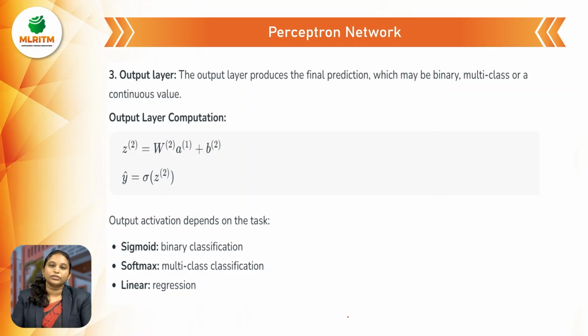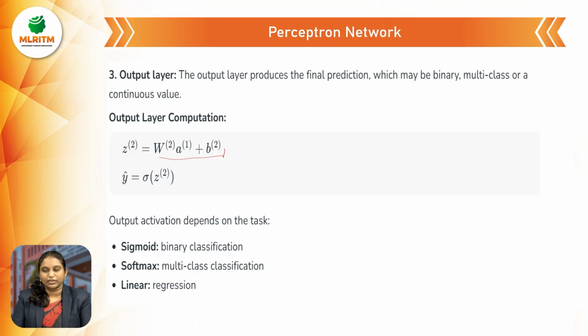If you look into the formula for the output, that is how we compute the output layer. We have weights with the activation functions and the biases, and the output activation function depends on the task.